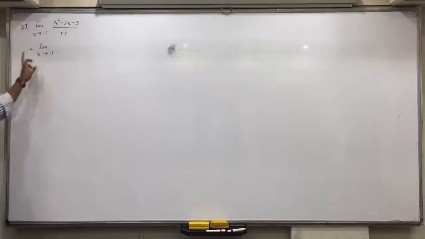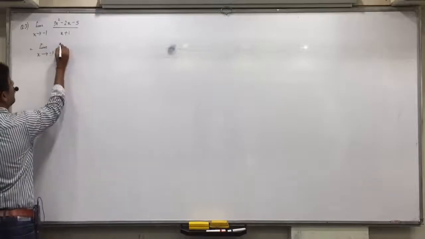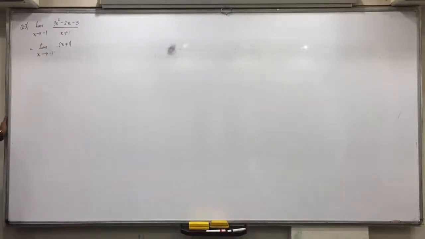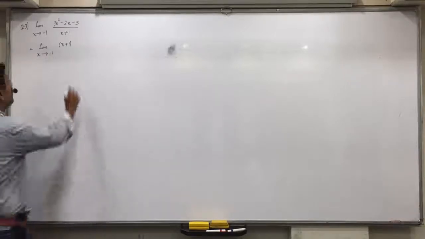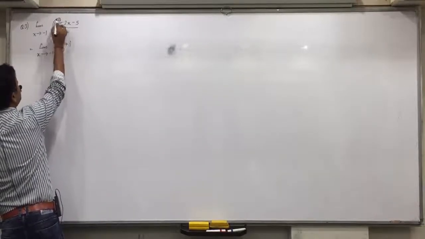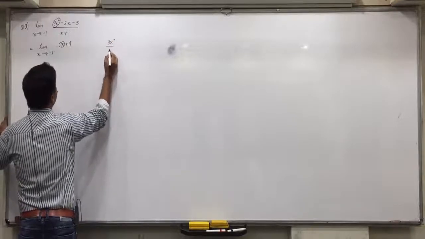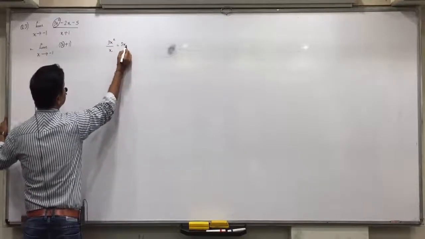If in between you put minus, then minus will become plus. So, one factor will be x plus 1. Understood this? Now, first term divided by first term. 3x square divided by x is 3x.